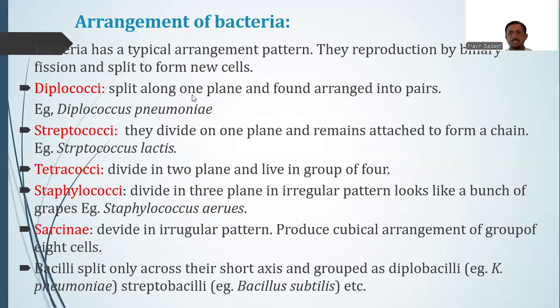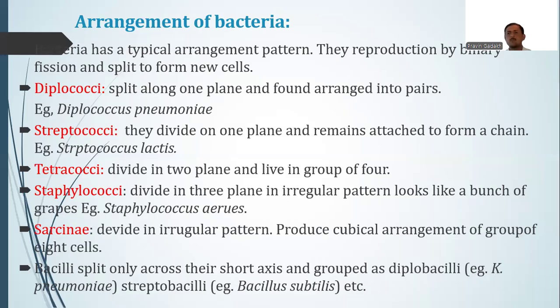For example, that type of arrangement we can see in the case of Diplococcus pneumoniae. In streptococci, strepto means arranged in a chain. They divide on one plane and remain attached to form a chain. This type of arrangement we can see in the case of Streptococcus lactis.